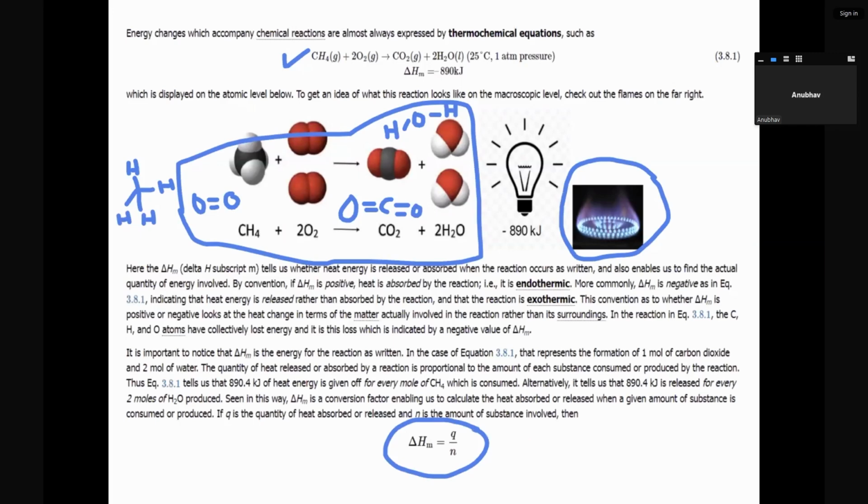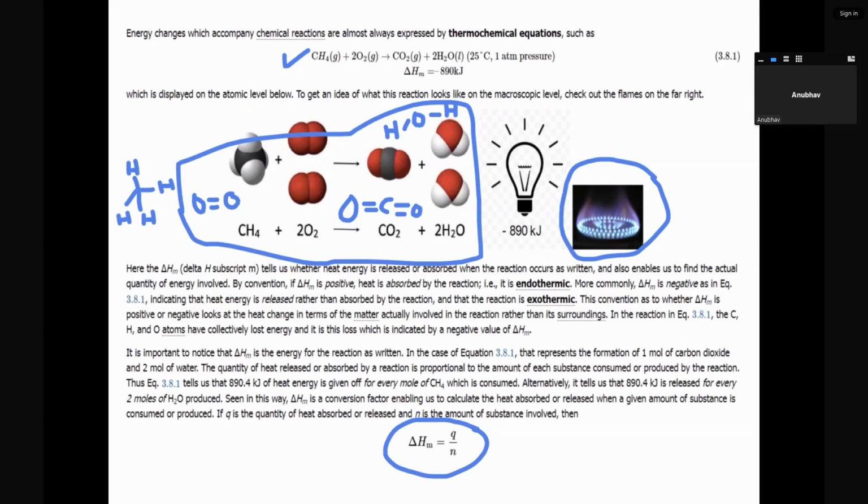In this thermochemical equation, the coefficients in a balanced thermochemical equation refer to the number of moles, not molecules, of reactants and products involved in the reaction. The numerical value of delta H refers to the number of moles of substances specified by the equation. Standard enthalpy change, that is delta H, will have the unit kilojoule per mole.